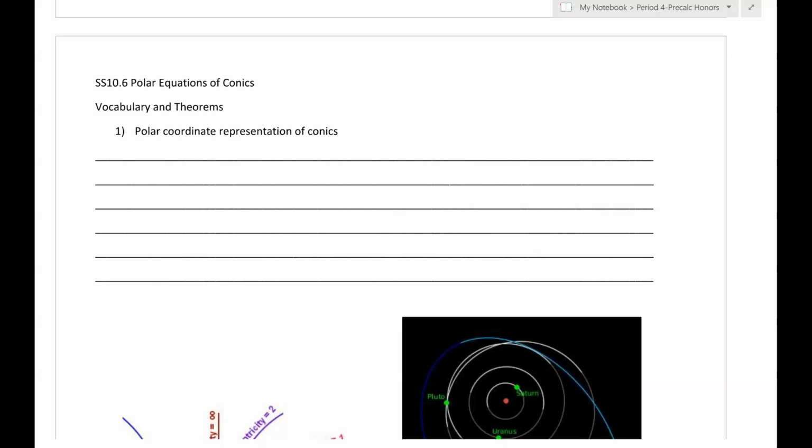Right, guys, so 10.6 says polar equations of conics, vocab and theorems. We are starting with the vocabulary of number 1, polar coordinate representation of conics. Let D denote a fixed line called the directrix.